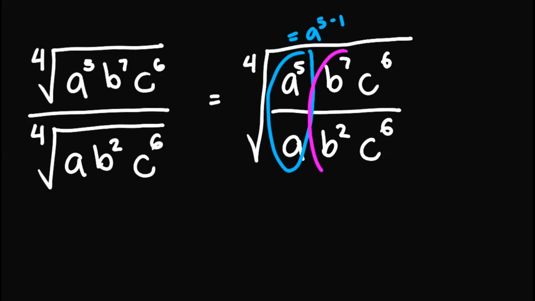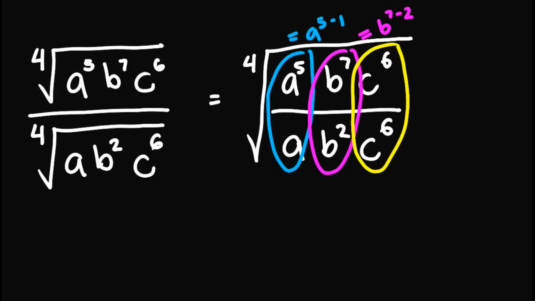B raised to 7 over b squared, on the other hand, is equal to b raised to 7 minus 2. And c raised to 6 over c raised to 6 is equal to c raised to 6 minus 6. So basically, we applied the laws of exponents in this way.